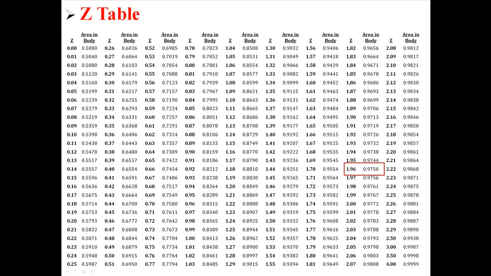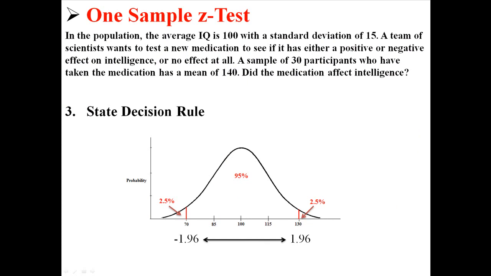Now, if the area in the tail is 2.5%, we know that the area in the body is 97.5%, and the z-score associated with that is 1.96. This is just taken from my standard z-table, which you should have. So I'm going to put that at the bottom of the table. So we know that we would expect most means to fall within negative 1.96 and positive 1.96 standard deviations from the mean.